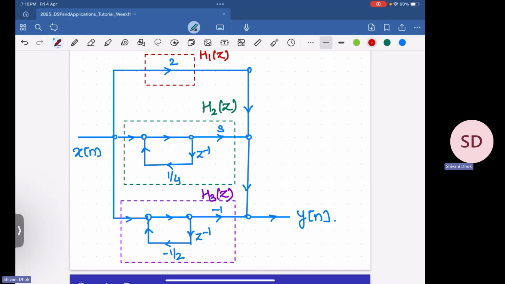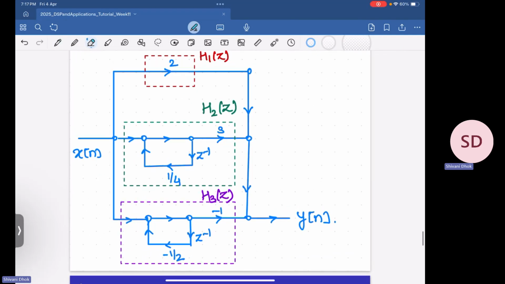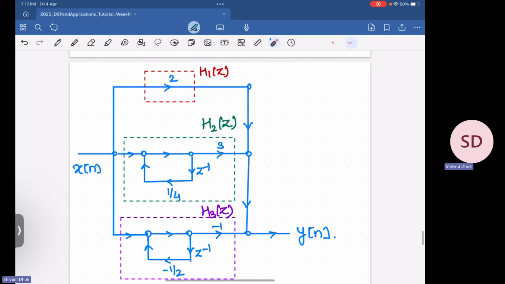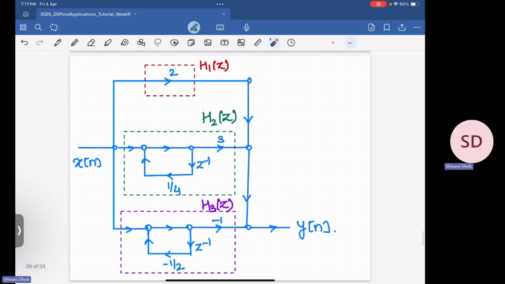So here I am adding h1 of z and h2 of z, and that sum I'm adding here. So this is the parallel form representation of our given system. Is it clear at this point? Any questions?